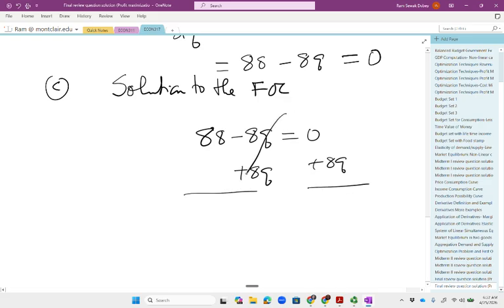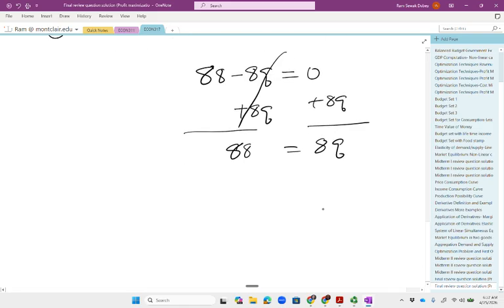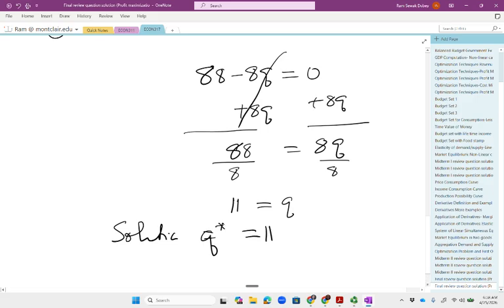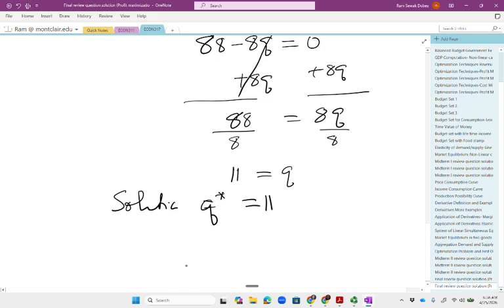What remains is 88 on the left, 8Q on the right. Now I have the unknown on one side, constants on the other. This is one equation, one unknown. We can solve, so I will divide both sides by 8. So 11 on the left, Q on the right. So the solution is Q star turns out to be 11. That's the solution to the FOC.